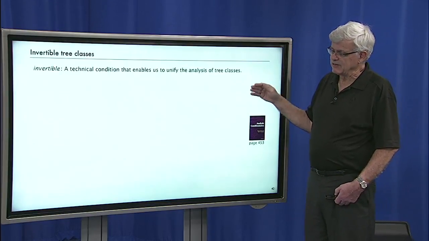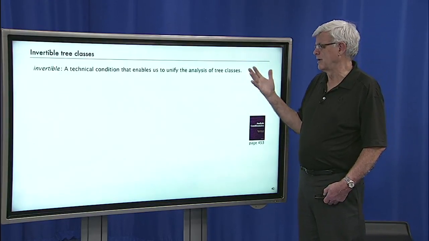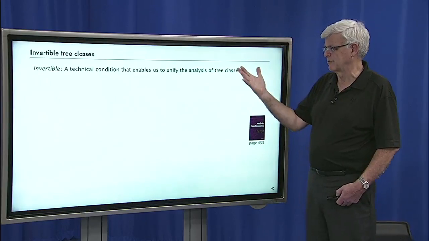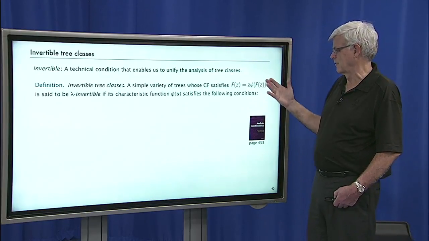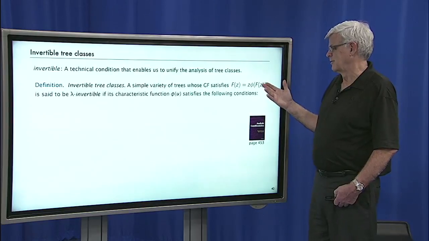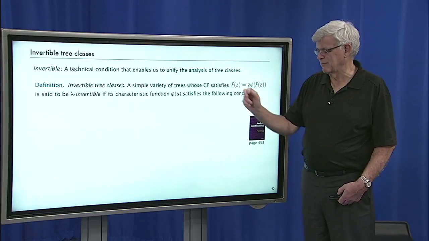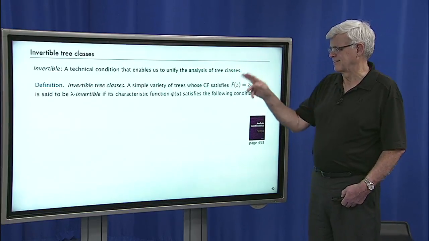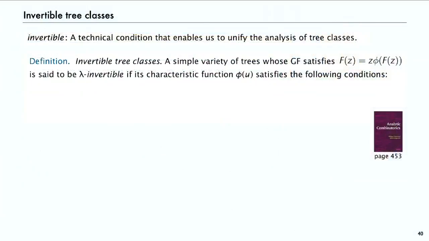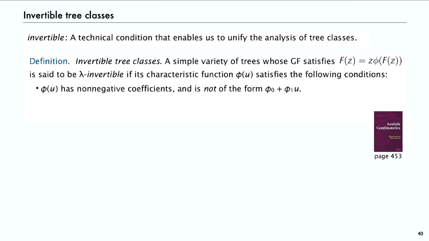Now again, we need a technical condition in order to be able to prove a transfer theorem, and for tree classes it's called invertible. Again, we have a parameter, so we're going to say it's lambda invertible if the characteristic function satisfies these conditions. Again, it's going to have non-negative coefficients, and it's got to be non-trivial.